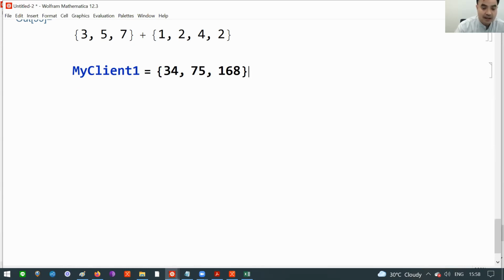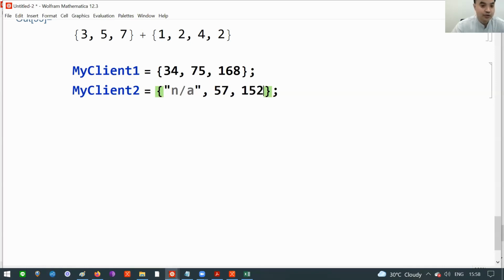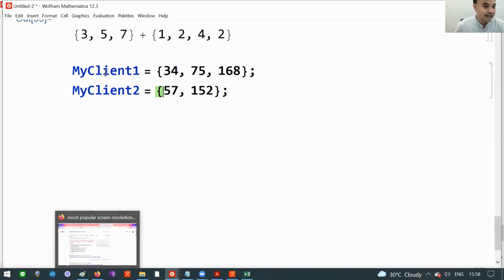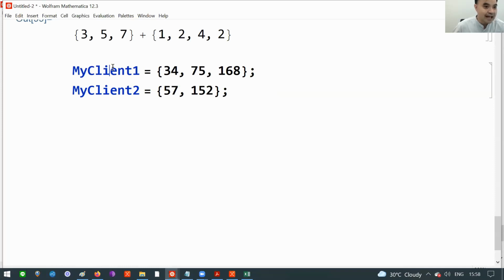My client number 2, I don't know the age. I know that this person is 57 kilogram and 152. You can do this, but this is not the same thing as this. These 2 are different kinds of animals. This animal has 3 attributes, this animal has 2 attributes. This animal has 3 attributes, you just happen to not have the information.